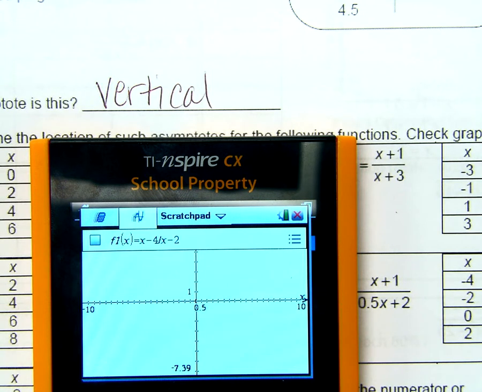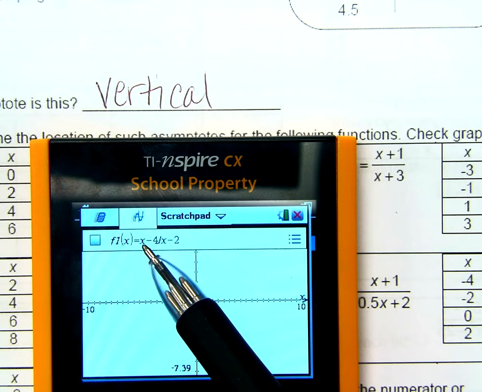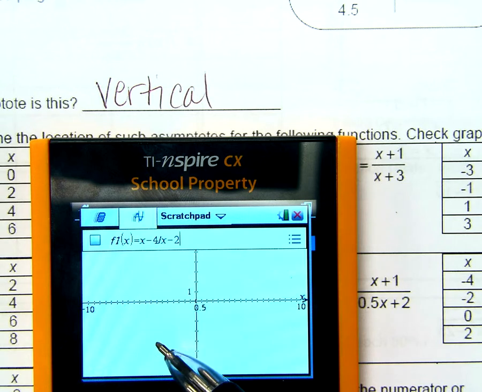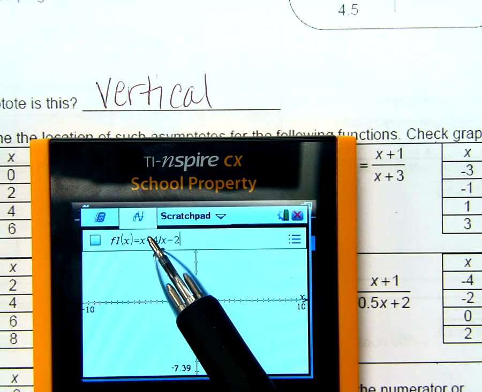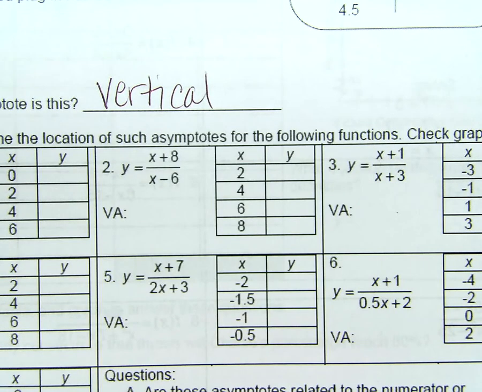So the calculator is thinking you're telling it to say x minus 4 over x and then minus 2. Is that what you're asking it to do? Unless you put those in parentheses, or if you put them in fraction form, like control divide, it's not going to read it that way. So make sure when you're putting it in, that's what you're doing. Okay? Thank you.